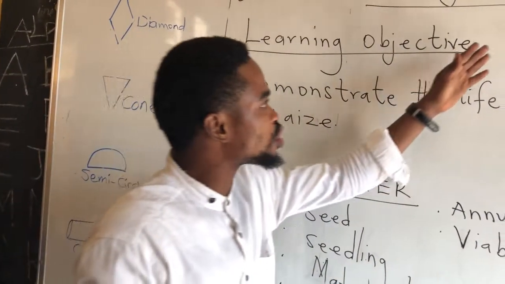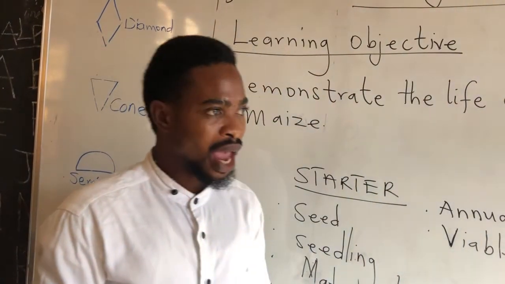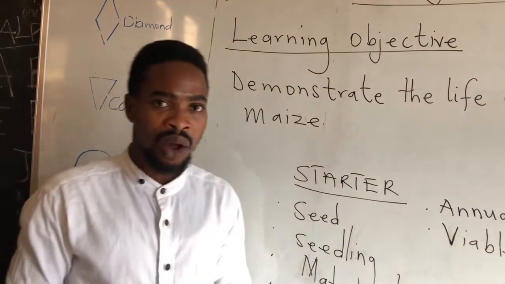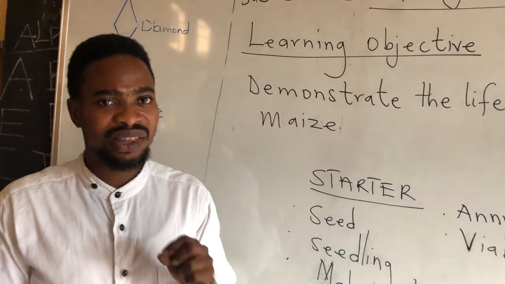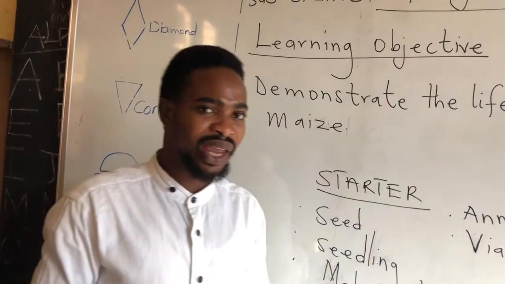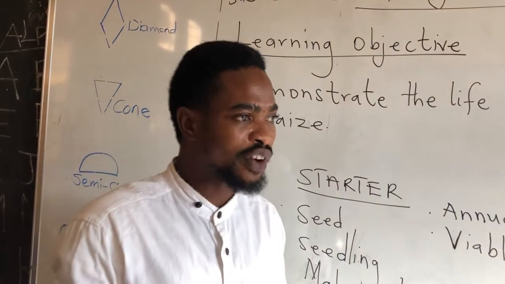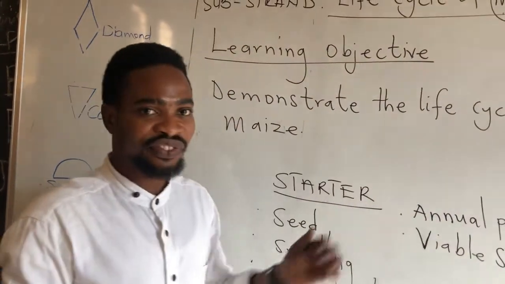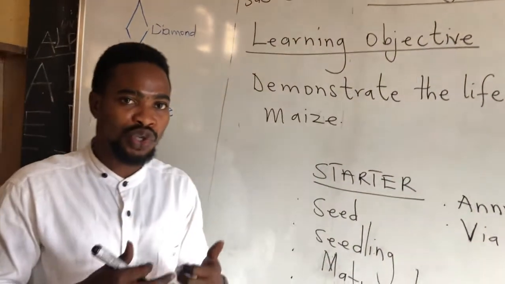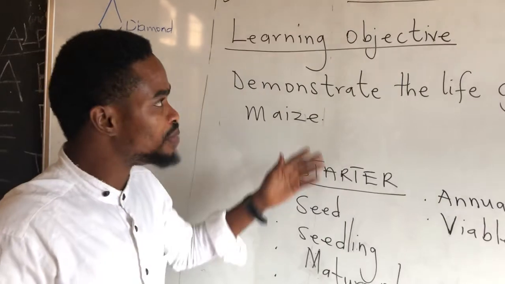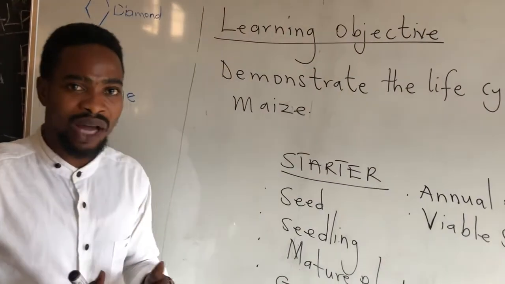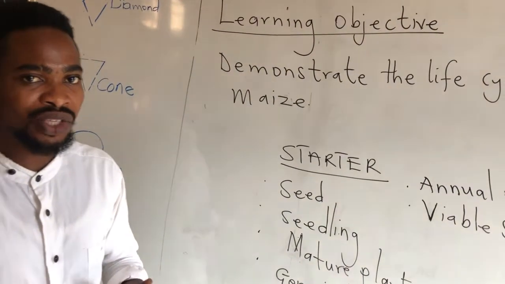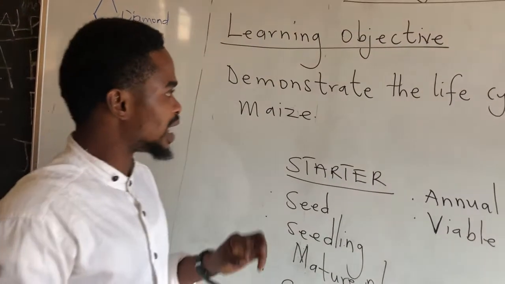So today we want to consider maize plants or corn plants. We say corn plants begin with a seed. Most plants grow from seed. And then from there, they move on to what we call seedling or baby plants. And then finally they become a mature plant or adult plants.